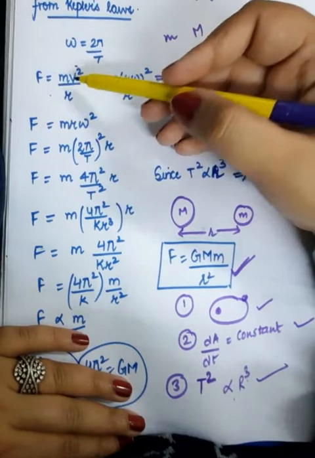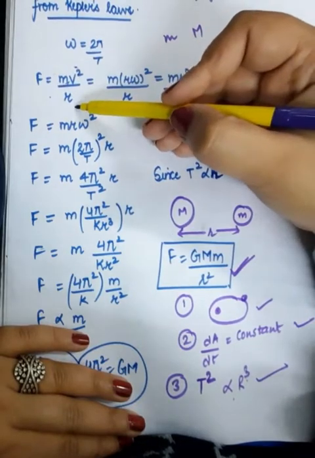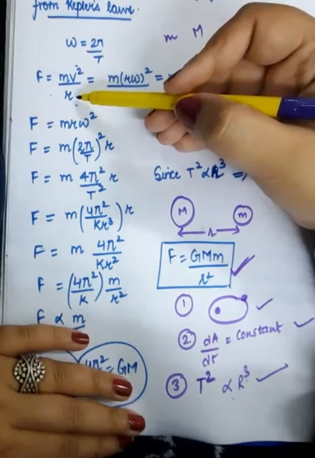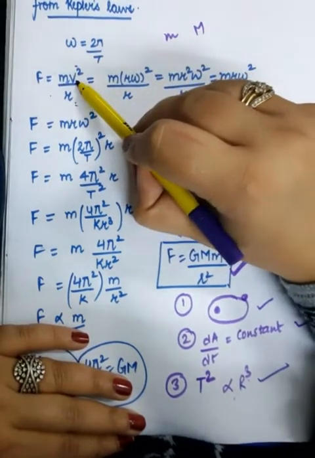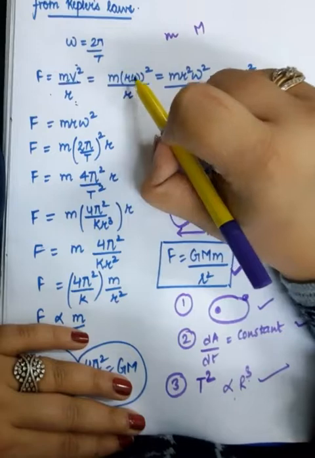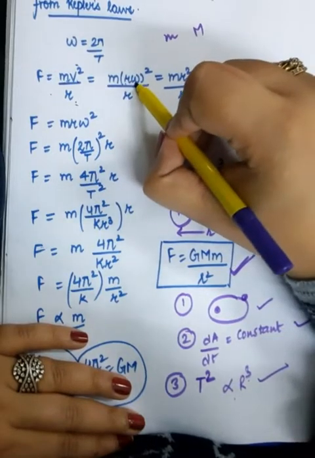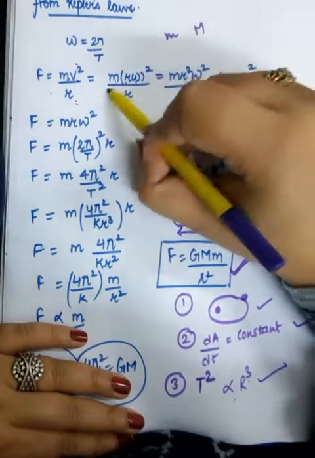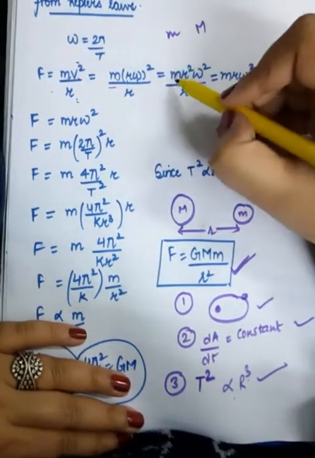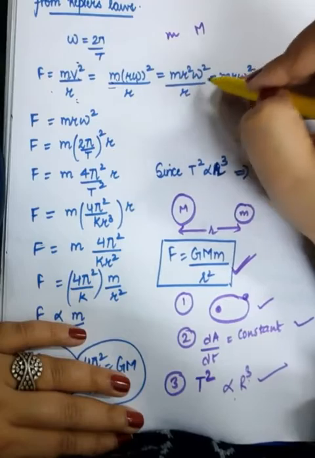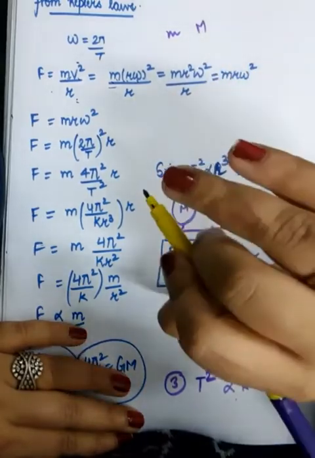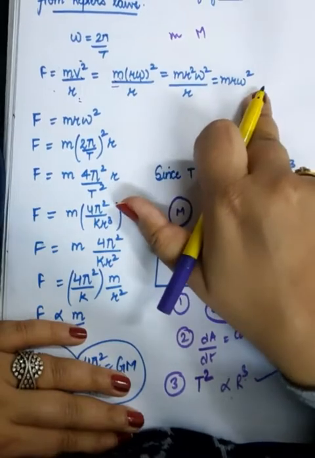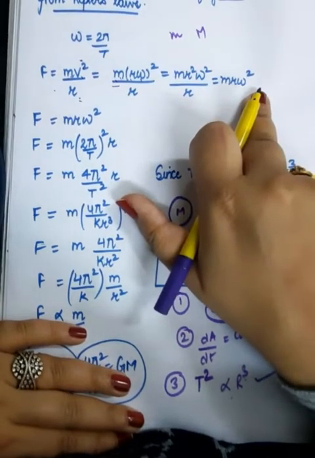Suppose that centripetal force is m v square upon r, where r is the distance of the planet from the sun. Now v, the linear velocity, can be written as r into angular velocity. So this becomes m r omega whole square upon r, that is, m r square omega square divided by r. When you do the calculations, you get m r omega square. So this is the centripetal force.